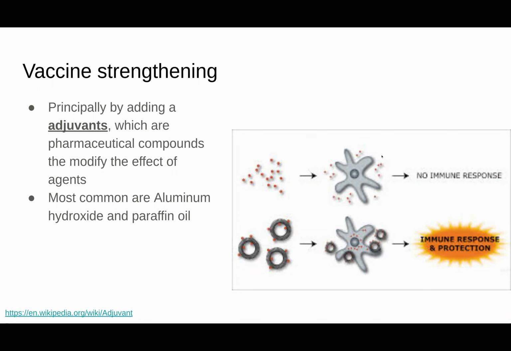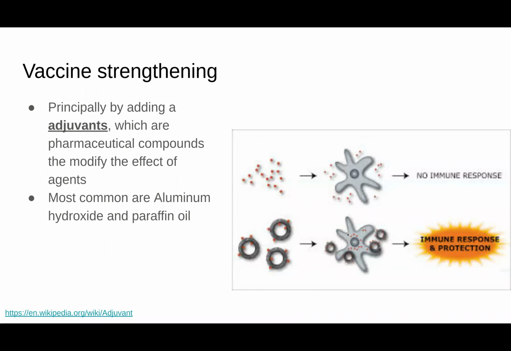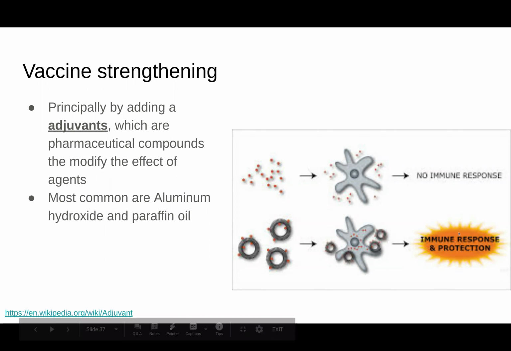Now, the idea is if we have a vaccine against, say, a virus here, we take that vaccine, we inject it into a human, and without an adjuvant, we see no immune response. And this is pretty common, simply because the virus or the bacteria just doesn't trigger the right immune response. However, when we add an adjuvant, such as aluminum hydroxide or paraffin oil, there are other types of adjuvants, but those are the two most common ones, they basically bind to your microbe of interest, and they make your immune system more likely to see that microbe and thus have an immune response.